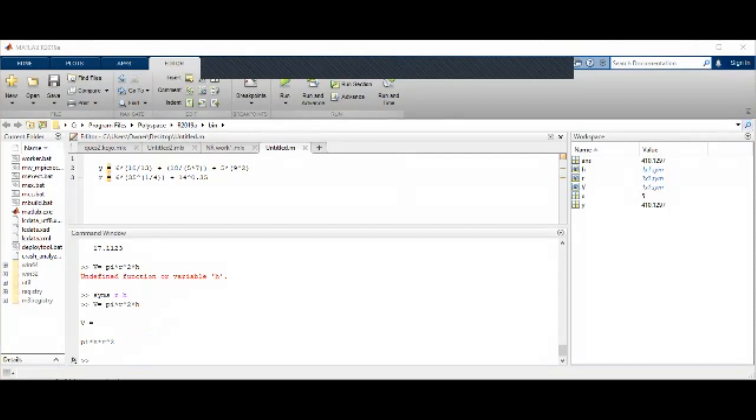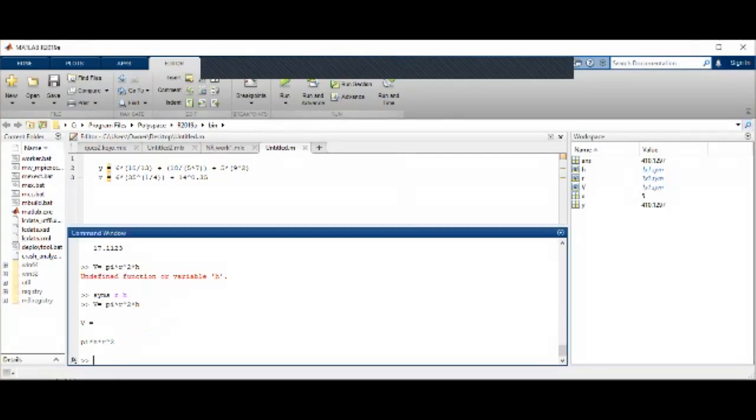So I can say H is equal to 4, that is for the height. And I can say R, which is the radius, is equal to 3. Then I can call for V. If I eval V, so eval with V in brackets, that is the volume.